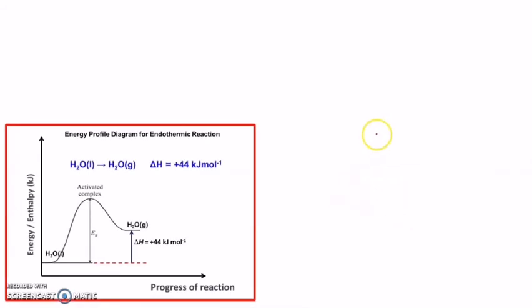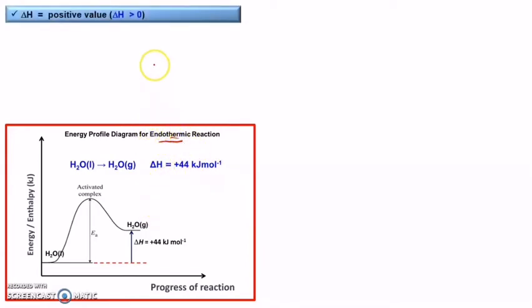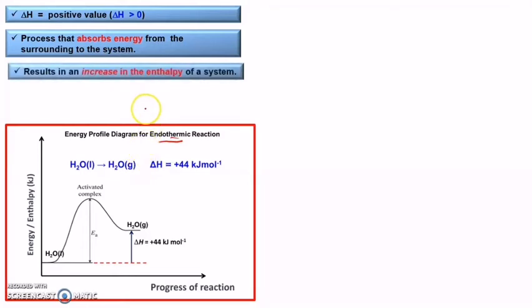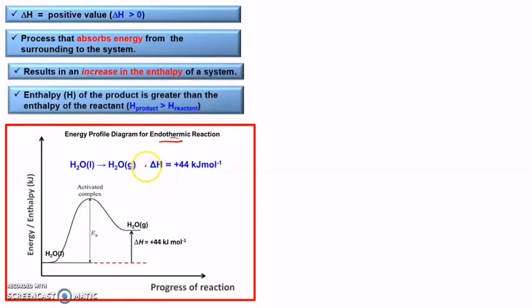First, we will look at the energy profile diagram for us to explain about the endothermic and exothermic reaction. As you can see from this diagram, it is an endothermic reaction, which enthalpy of reaction is positive value, which explain that the process absorbs energy from the surrounding to the system and results in increase in the enthalpy of the system.